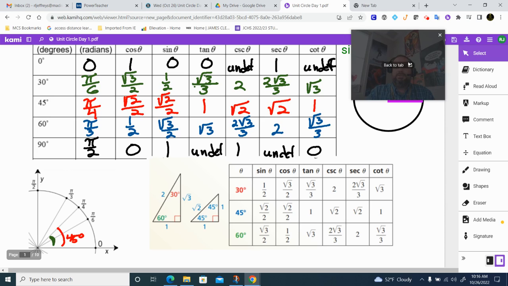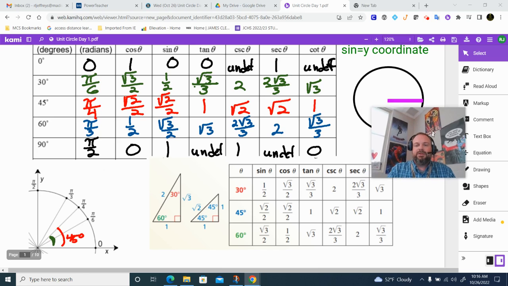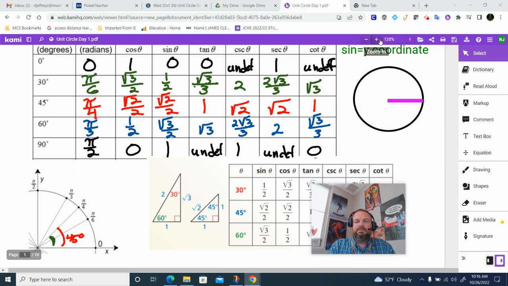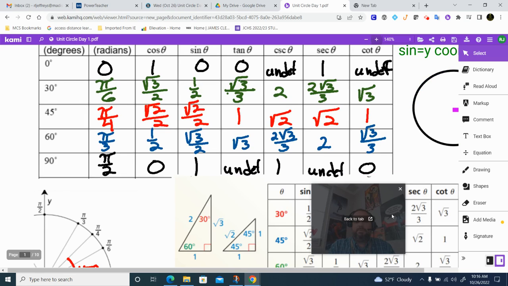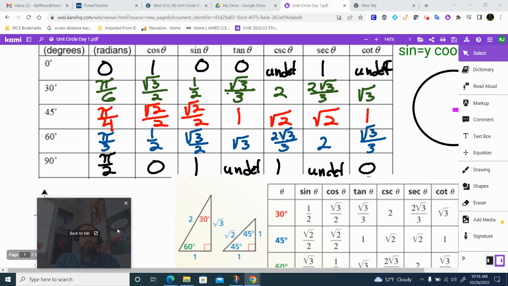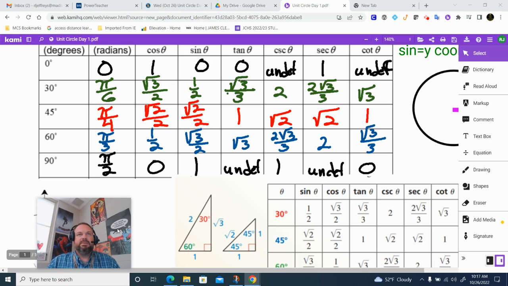Now, as far as our zoom on here, that may help some people. Now, I did talk to those two pre-cal teachers. They said they've done this a couple of different ways. They start with a chart, they make you fill it out on a unit circle, then they go back and forth and this and that.